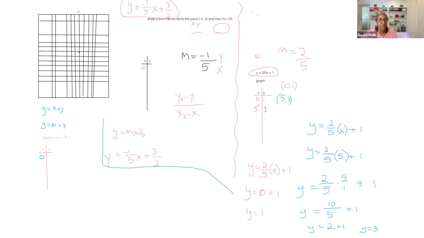So y equals 3. And my point is 0, 3. When I start at my origin, I won't move for x, I won't go left, I won't go right, I'll just stay there. And then for the 3, I'll go up 3.